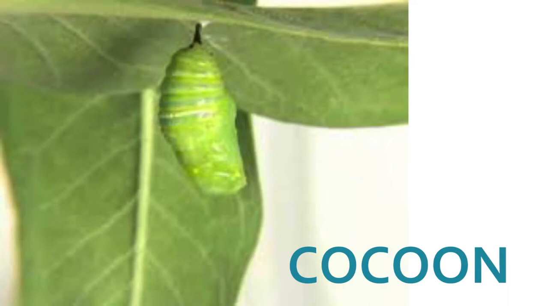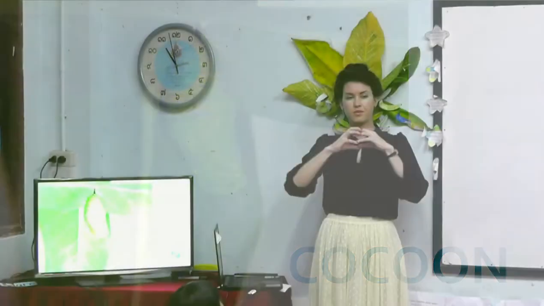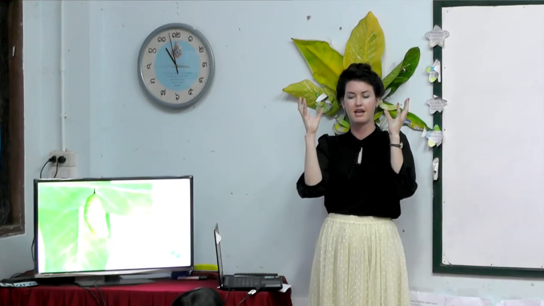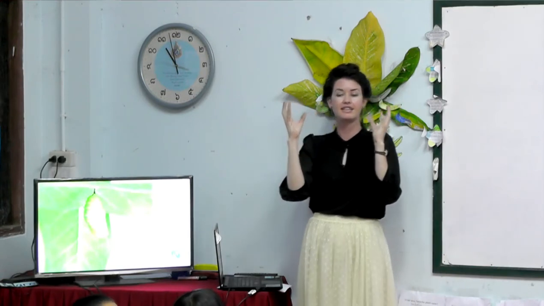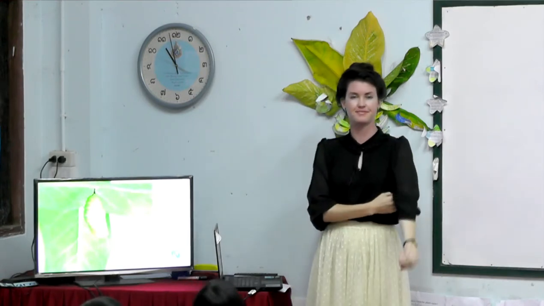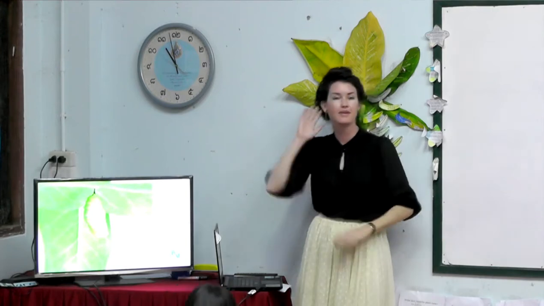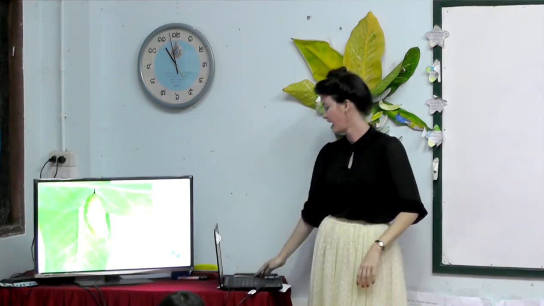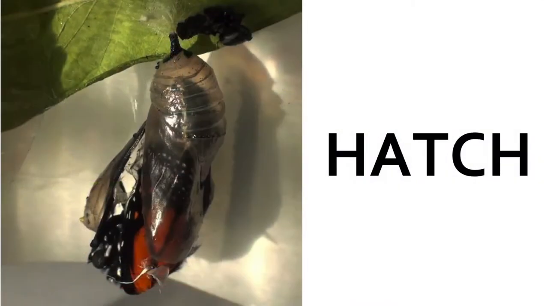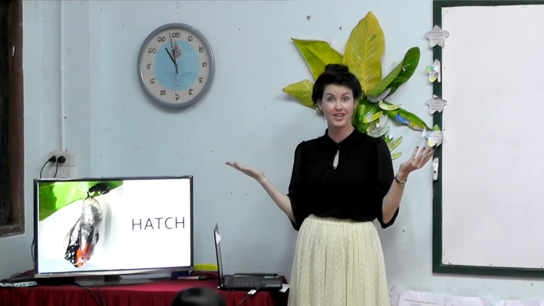And then, okay, what is the word for when it breaks open? Hatch. Let me hear hatch. Hatch. Very nice. What do you think is going to happen after it hatches?